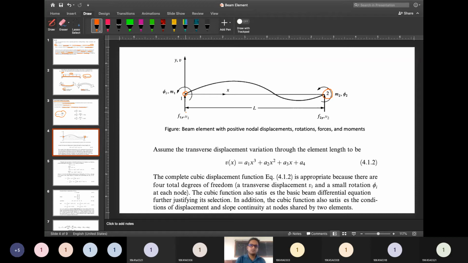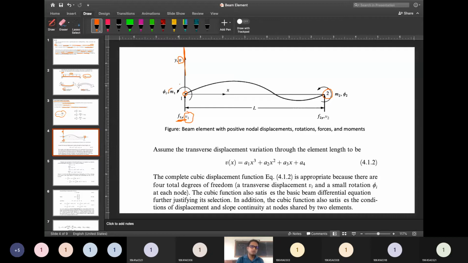Your vertical displacement in the positive y direction is represented by this small v. So for node number 1, it is written v1. The vertical displacement is the result, or the output, of the applied force F1.